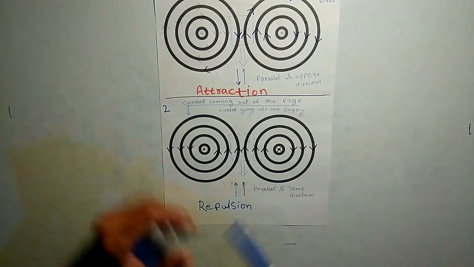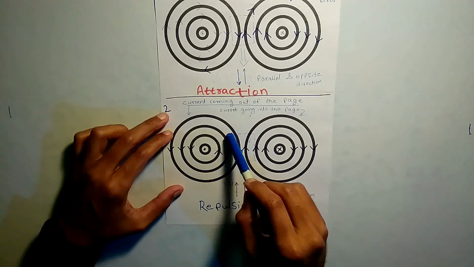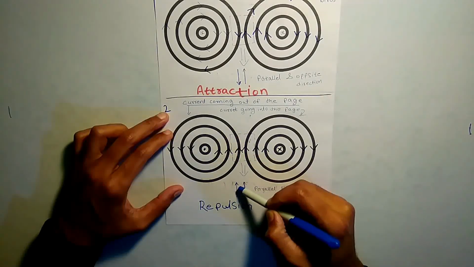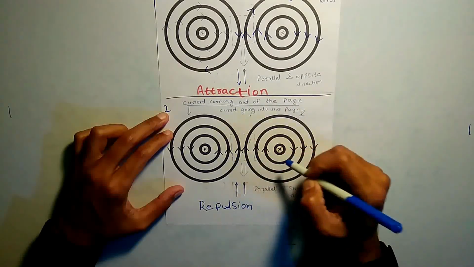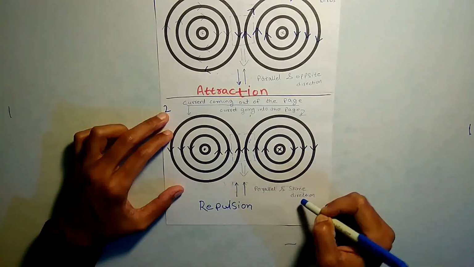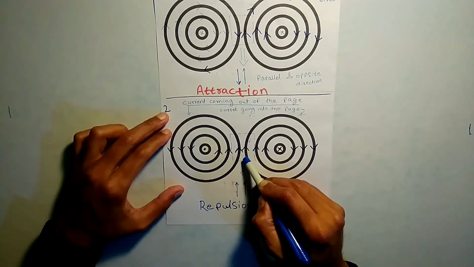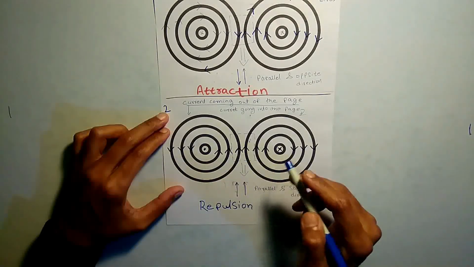Now again these two fields will interact at this point. Consider this zone. Here we see both are pointing upward, so the field lines appear to be parallel and pointing in same direction. So this is a case of repulsion. These two field lines will repel each other.